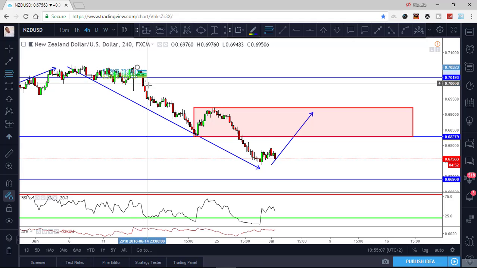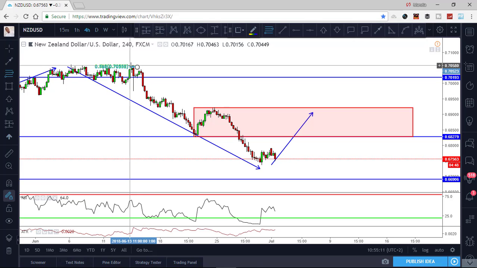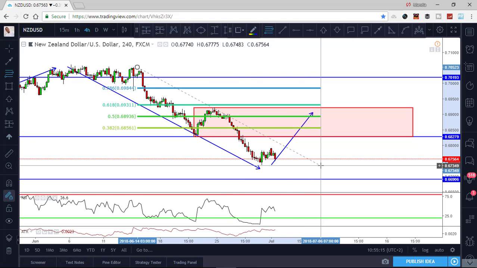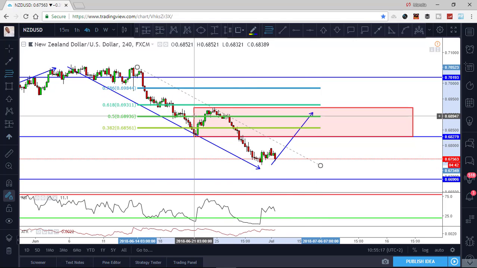If I take my Fibonacci retracement from our previous swing high to our current swing low, you can see we have a 50% retracement over at our resistance levels right there.